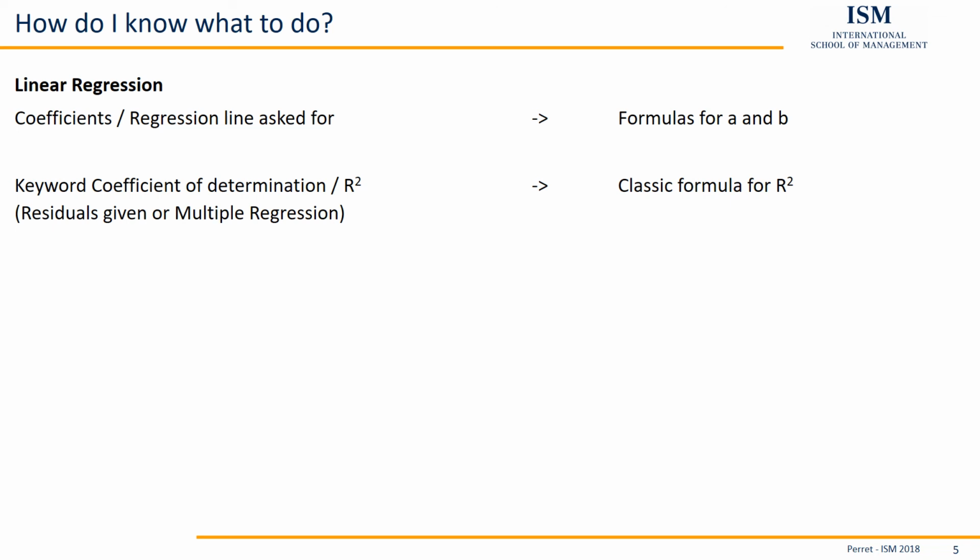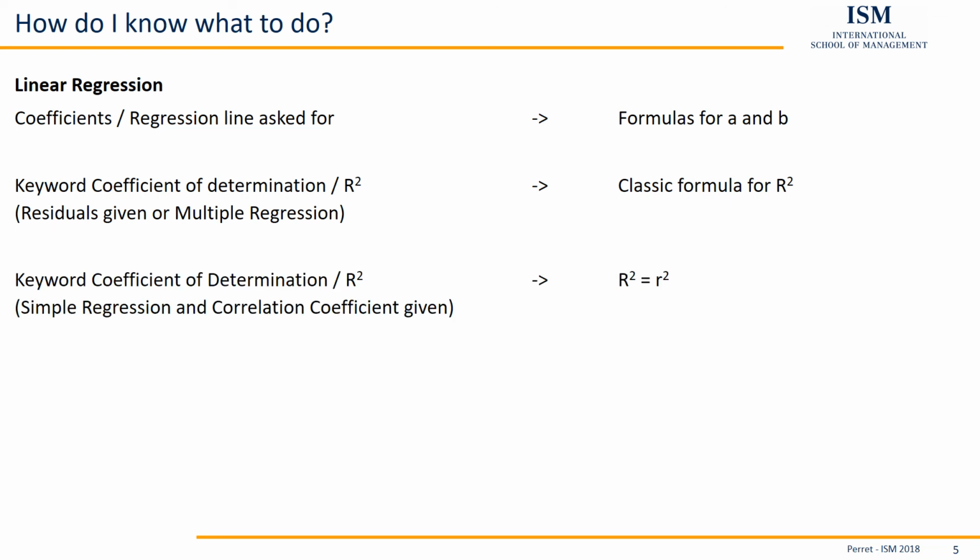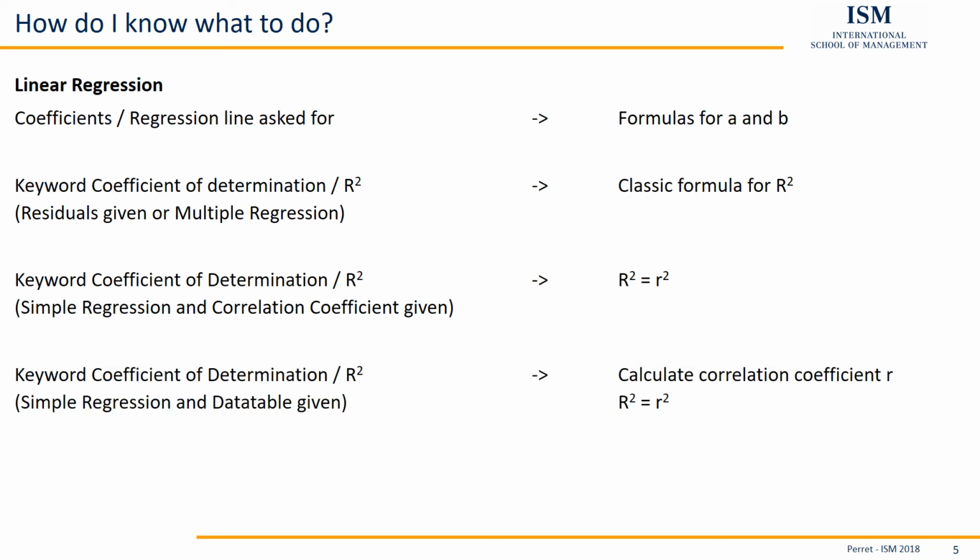So if you have a simple linear regression, then either you already have the correlation coefficient from an earlier part of the exercise, then simply square this correlation coefficient. If this one is not given, just use the data table to calculate Pearson's correlation coefficient and then square it.